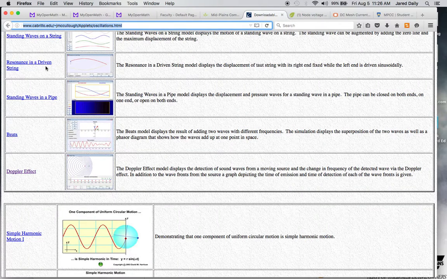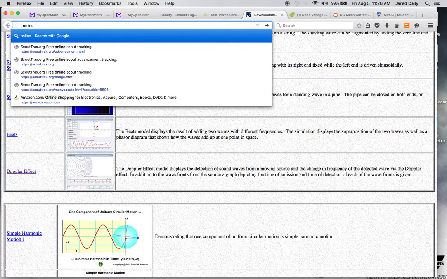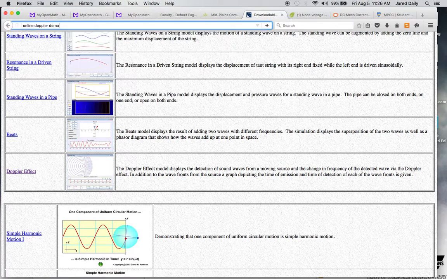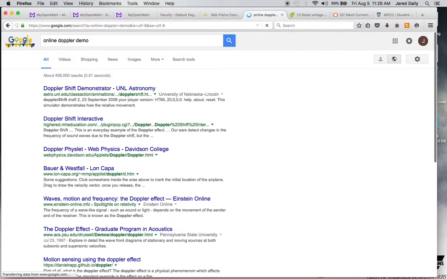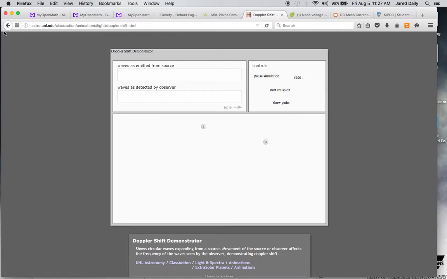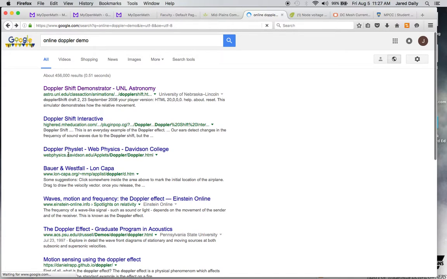Well, it's not working for me. I don't know why. Let's look for a different one, I suppose. Online Doppler demo. See if I can find one here. Not what I'm looking for. Try this one.